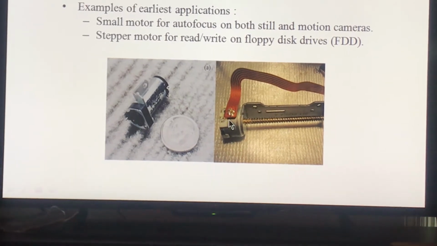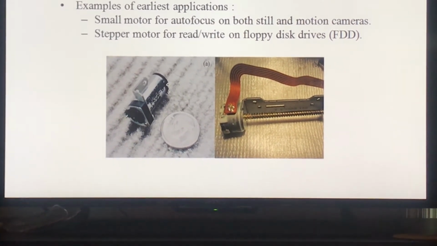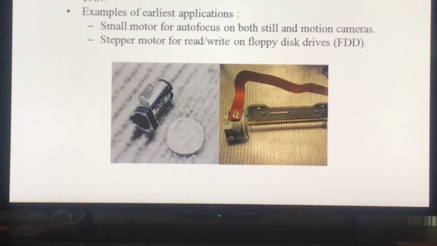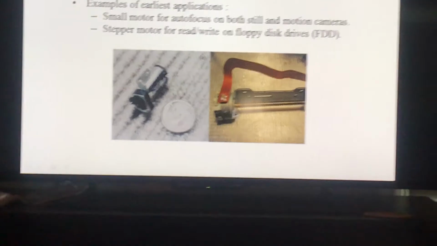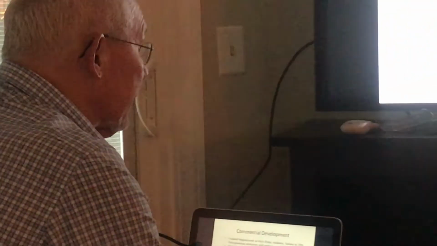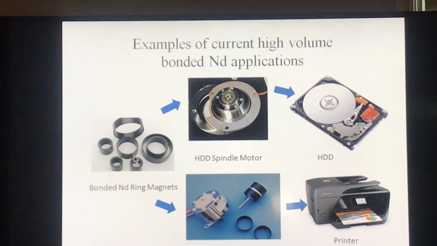Again, I think most of the people in this room remember the floppy disk drive when it was a major product, and at one point in time, we used a lot of this powder making these tiny little motors, but that's completely extinct today. Today, the major applications for this material, again, most of the products are these types of ring magnets.